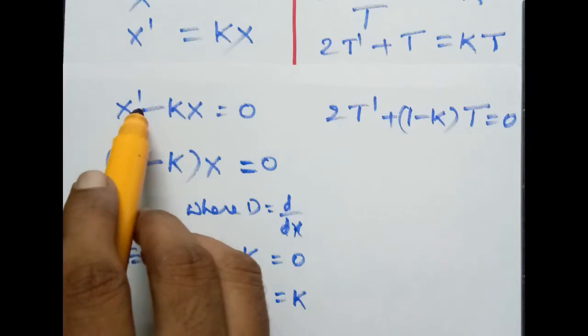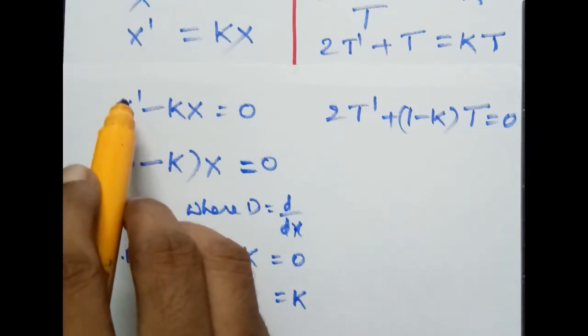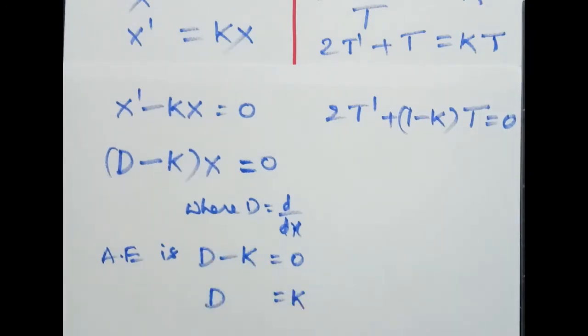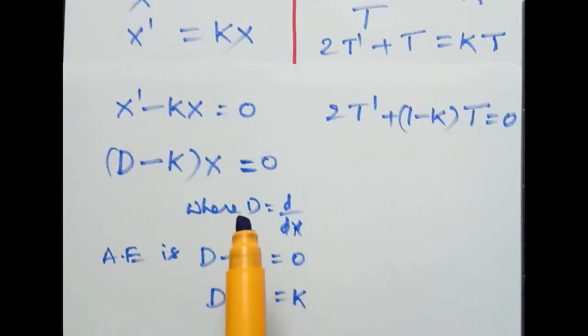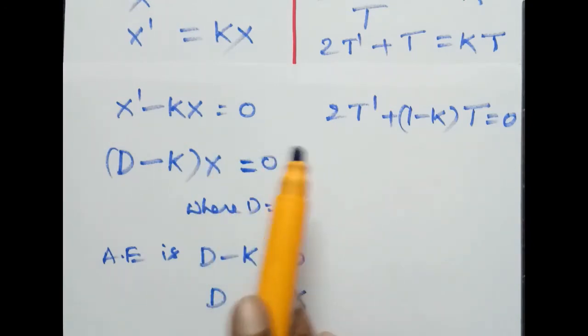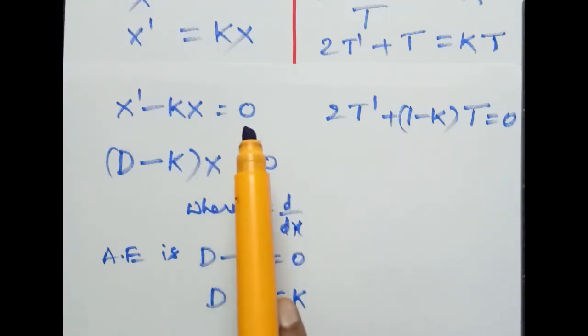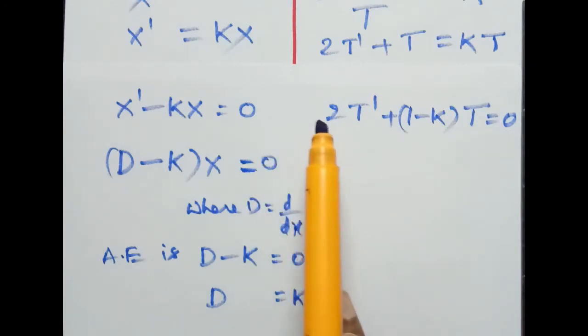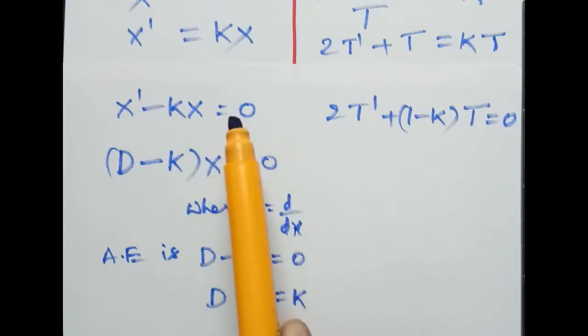Since capital X dash is dX by dx and capital T dash is dT by dt, in the process we already explained that the partial differential equation is converted into ordinary differential equations. We started with the partial differential equation.